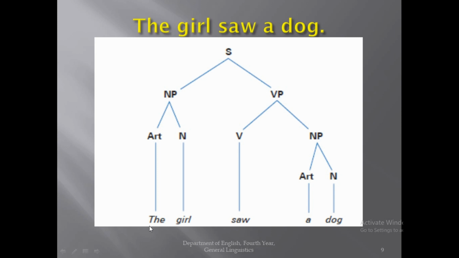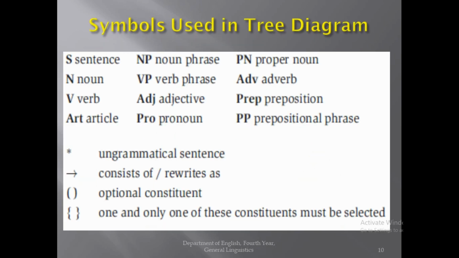The article is the, the noun is girl, and the verb phrase can be composed of a verb and a noun phrase. The verb is saw, and the noun phrase has the article a and the noun dog. So this is how we analyze sentences or phrases according to generative grammar.